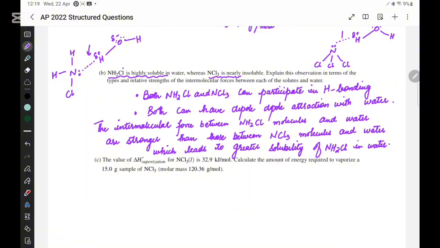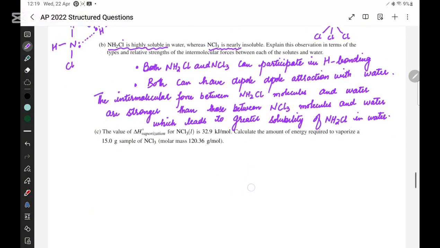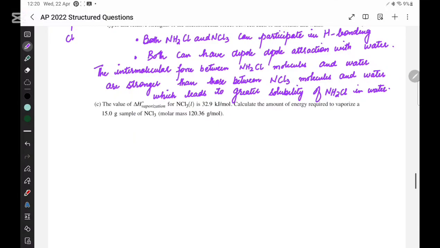For the next question, they are saying the value of enthalpy of vaporization for NCl3 is 32.9 kilojoules per mole. Calculate the amount of energy required to vaporize a 15 gram sample of NCl3. So if you want to calculate Q, we know one formula, enthalpy is equal to Q by n. If we want to find out Q here, it is enthalpy of vaporization times the number of moles.